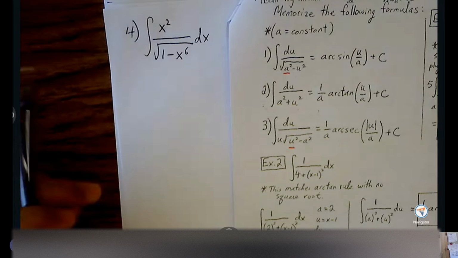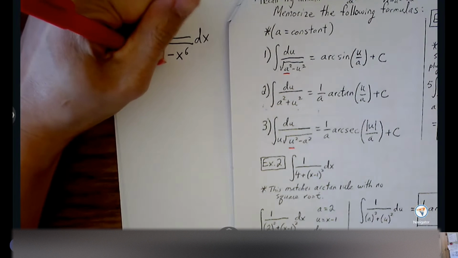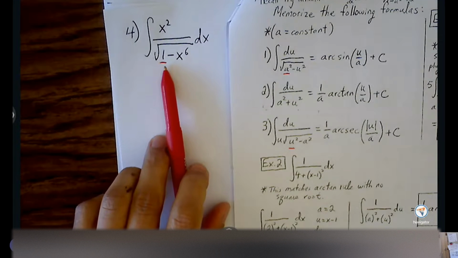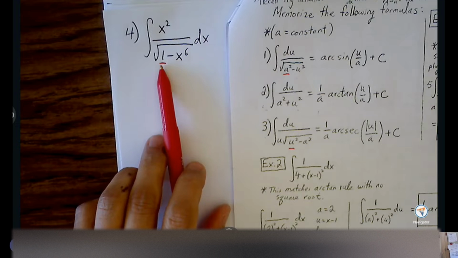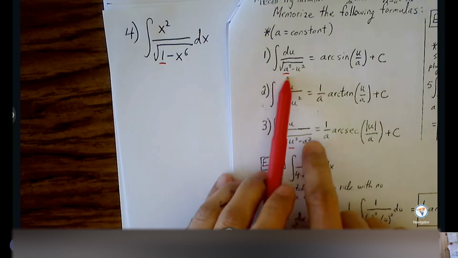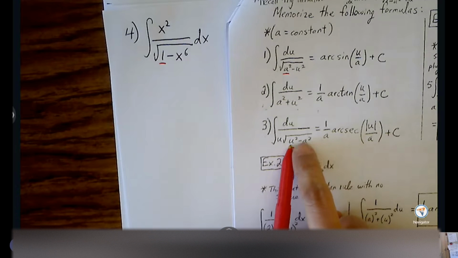Okay, and I think the easiest way to tell is looking at that first term. Looking at the first term, which will be positive, looking to see whether that is associated with the a value or with the u value. And I see a constant there, so that must be associated with the what? With the a value. And with arcsine, one is going to be a, and the other is arcsecant is going to be u.